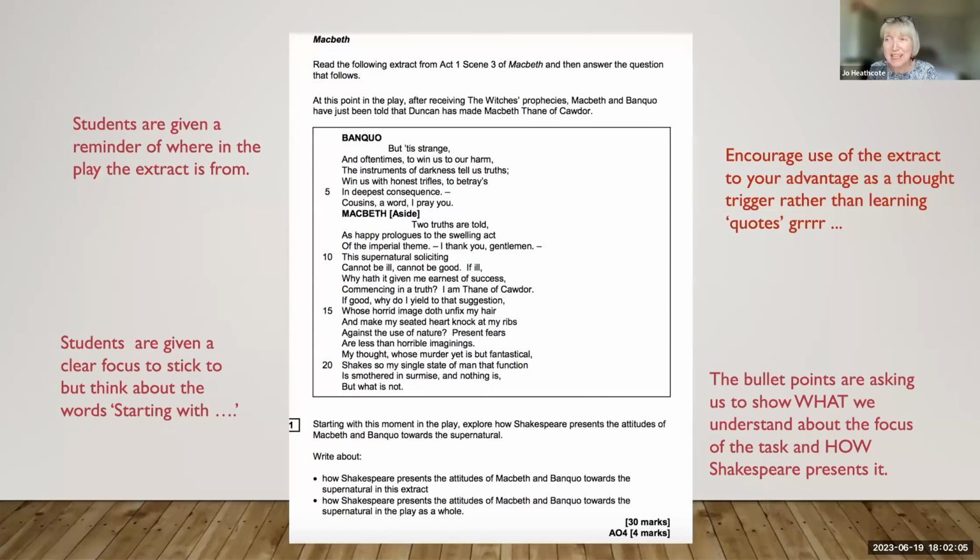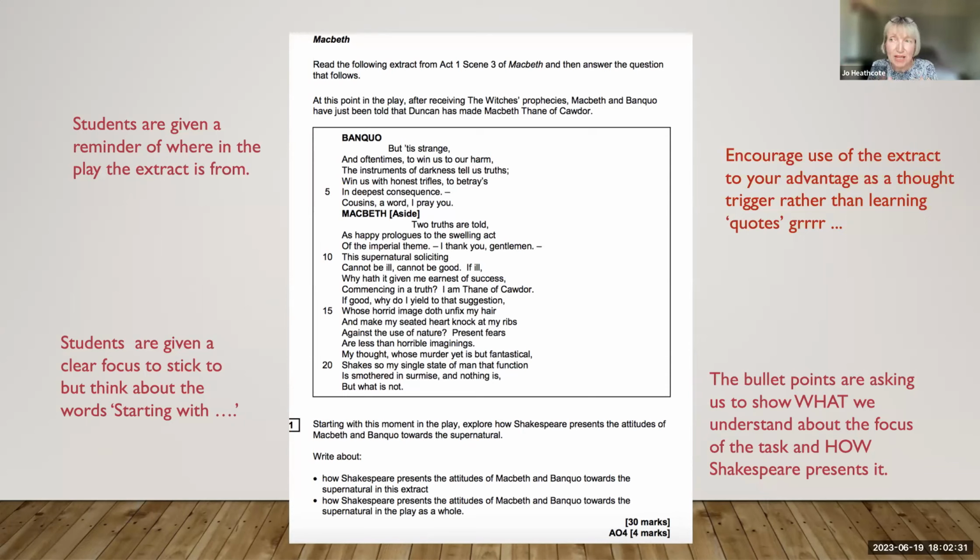So when we're looking at an extract-based question like this, I like to ask students to use that extract to their advantage. Actually use that extract to plan, but also to act as a thought trigger to take you elsewhere in the play, elsewhere in the novel.